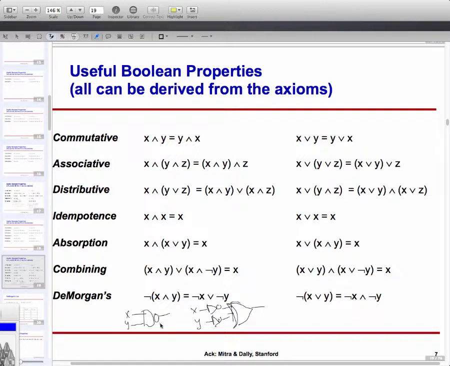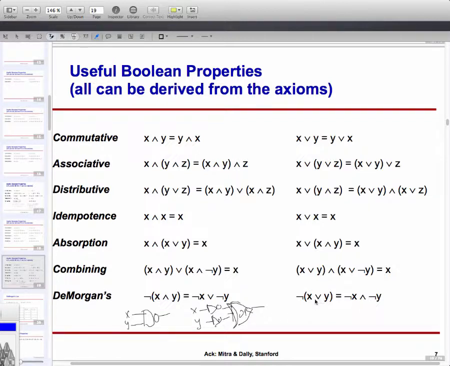So I can take a NAND gate and take this inversion and move it to the input. So instead of inverting the output, I can invert the inputs and replace AND by OR. So this is OR. Sorry for the bad drawing.